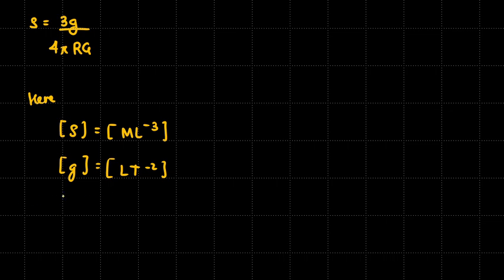Similarly, the dimension of R will be L, since R is the radius, which is a length. And finally, the dimension of the universal gravitational constant can be found by using the formula F equals G m m by r square and isolating G, which gives M to the minus 1 L cubed T to the minus 2.